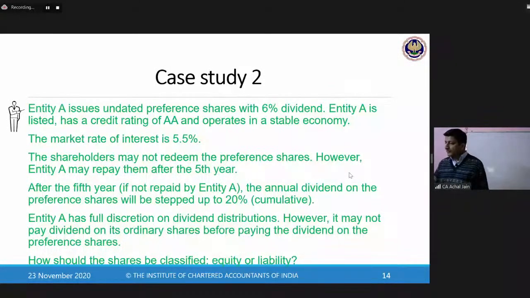Yes, quickly. What's your response? What will you call this instrument as? Equity or liability? Now I think you are taking too much time. Yes, tell me, what will you call this instrument as? Just go by the understanding of equity or a liability, and then you need to respond accordingly.